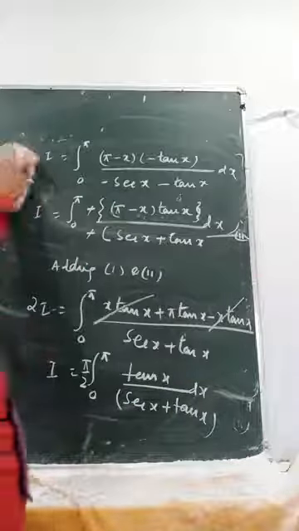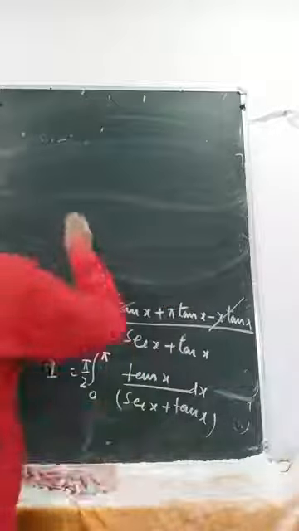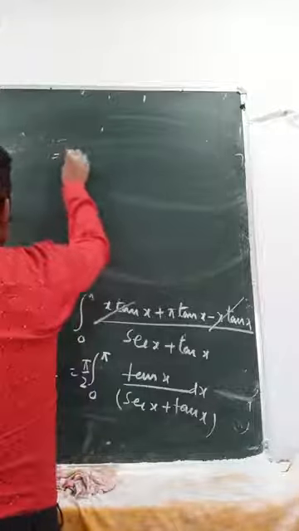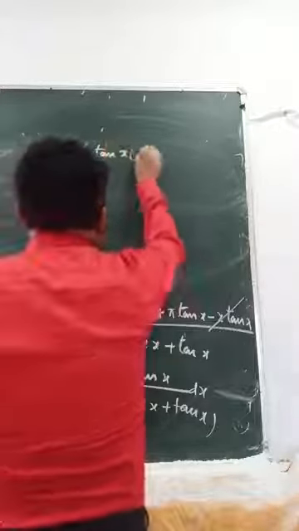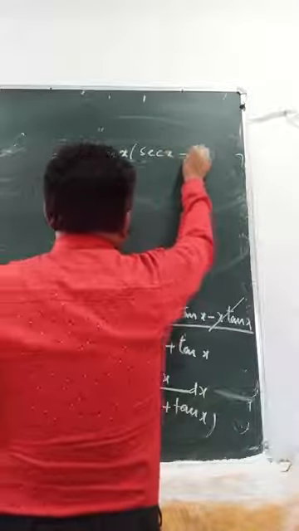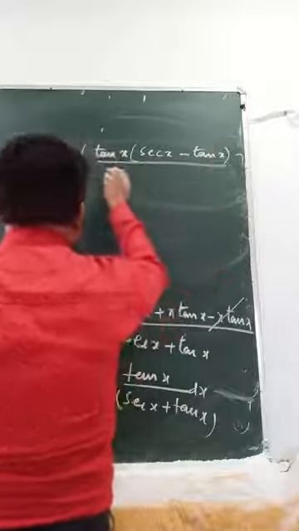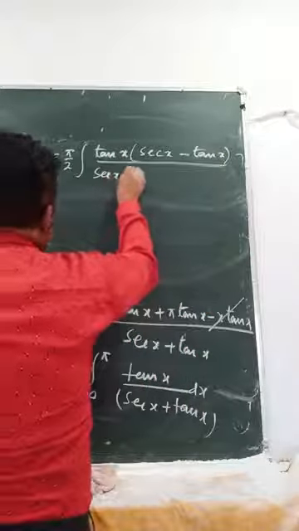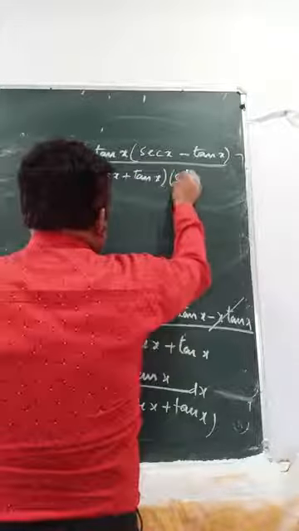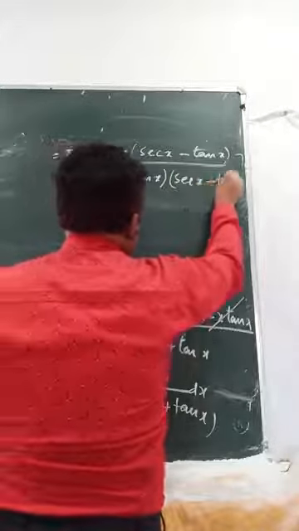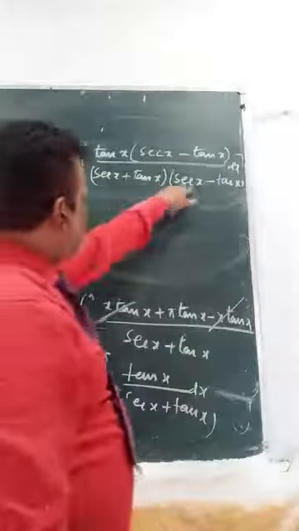So you will get pi by 2 tan x into sec x minus tan x by sec x plus tan x into sec x minus tan x. Its conjugate I have done here.